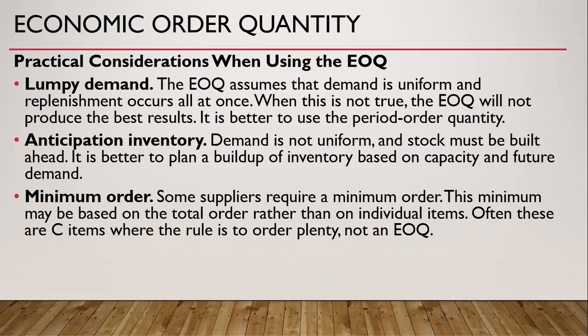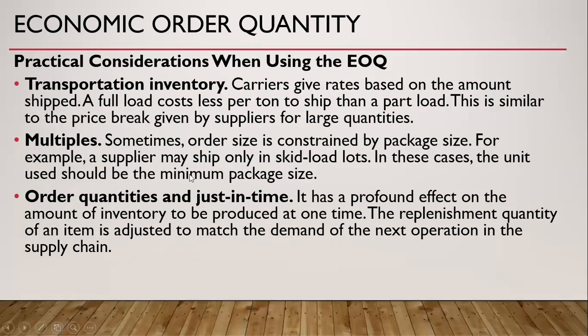The third consideration is minimum order. Some suppliers require a minimum order. This minimum may be based on total order rather than on individual items. Often these are C items where the rule is to order plenty and not on the basis of economic order quantity. Transportation inventory: carriers give rates based on the amount shipped.